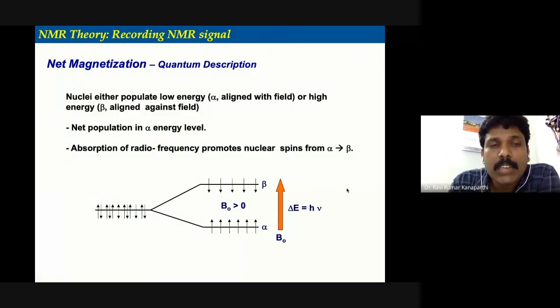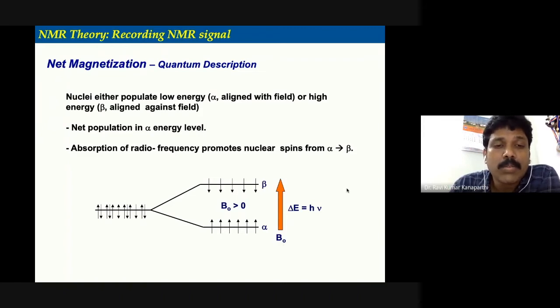The net magnetization concept you can also understand in terms of the quantum mechanical description, as I told you. If you talk in terms of nuclear spin energy states, that description becomes the quantum description.